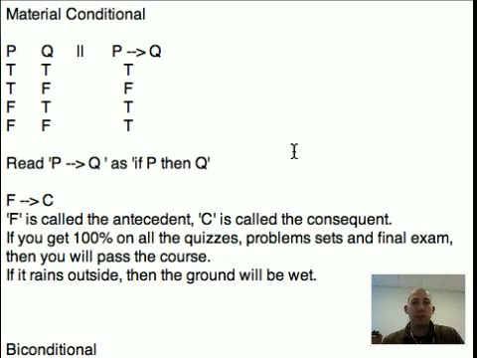Now, I'm giving you these examples in natural language, but remember, in logic we don't care too much about which sentences are in fact true and which ones are false. What we're trying to do is specify a logical relationship that holds between these two atomic sentences. And the material conditional, as we've defined it, seems to be able to capture some cases of English, like the ones I gave you.